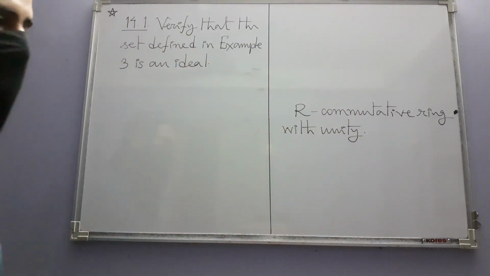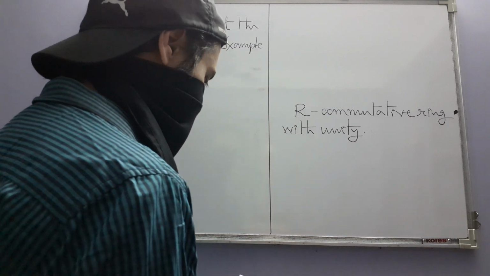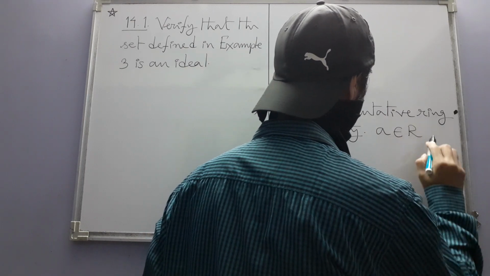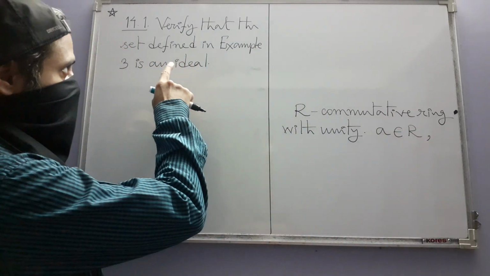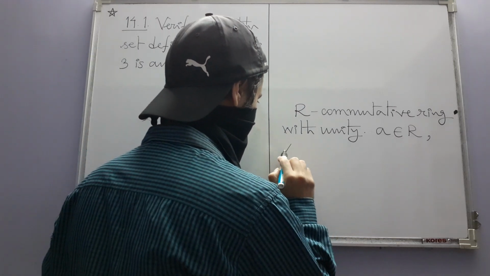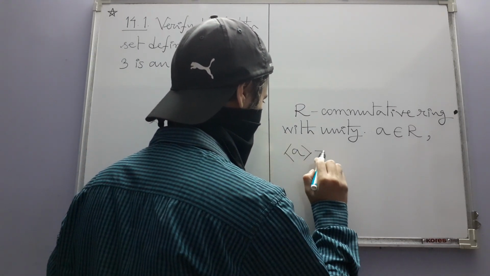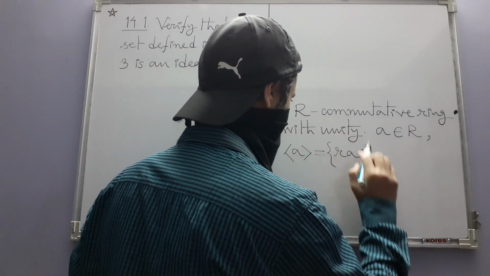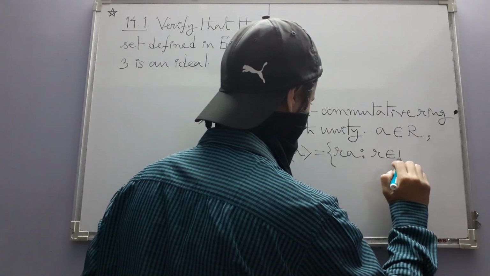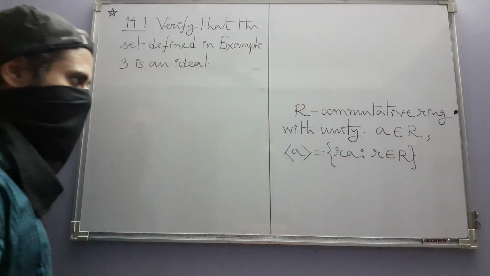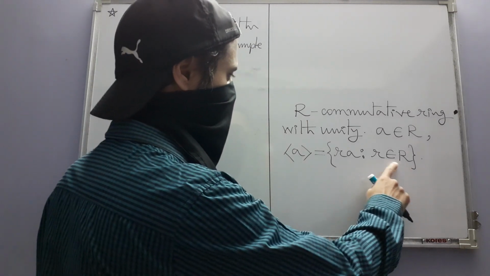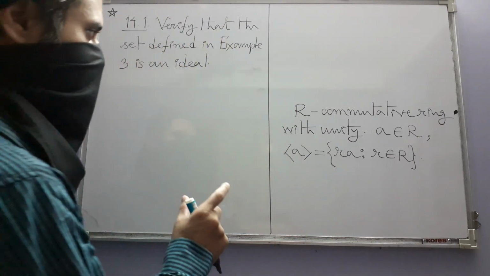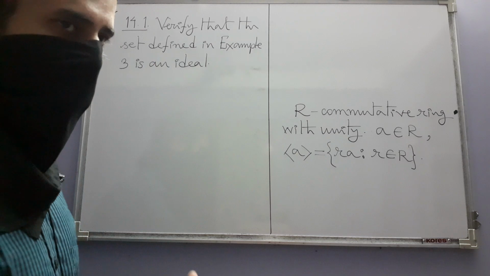Okay, it can be any commutative ring with unity, and there is an element A in R, which is also any arbitrary element in R, and the set that we are talking about here is this subset of R. That is, it is the set of the elements in R that are multiples of A by ring elements. We have to prove that this is an ideal of R. So let's see how it can be done.